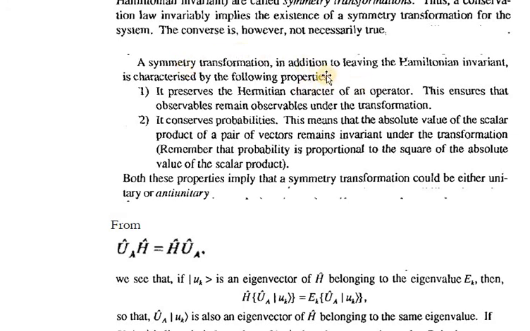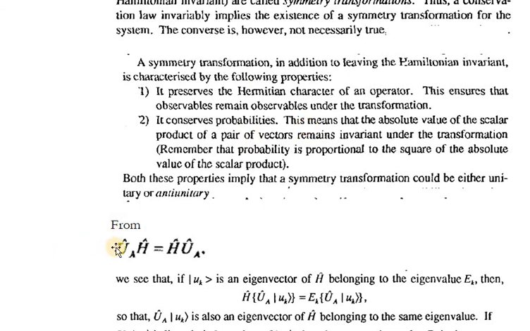This ensures the observables remain observables under transformation. It conserves probabilities. This means that the absolute value of the scalar product of a pair of vectors remains invariant under the transformation.